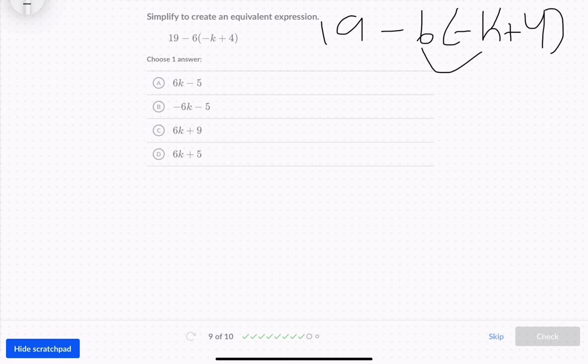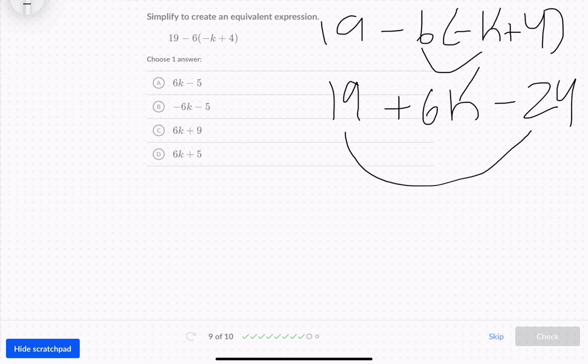So 6k, and then minus 6 times plus 4 is minus 24, plus 19. So if we add this to this, we get 6k minus 5.